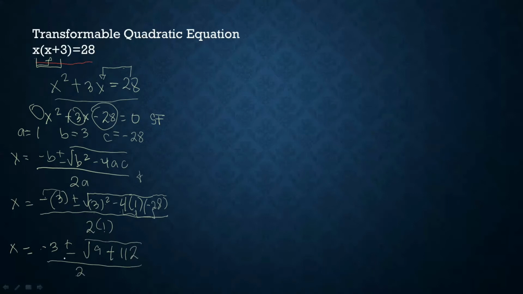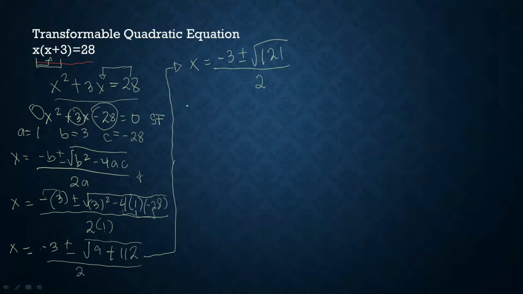Then after that, we are going to simplify the values inside the radical. So how are we going to simplify it? So x is equal to negative 3 plus or minus the square root of, so 9 plus 112 is equal to 121 over 2. Now, we need to get the radical or the square root of 121.